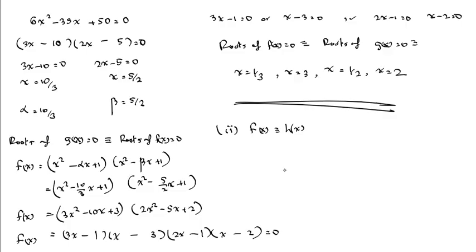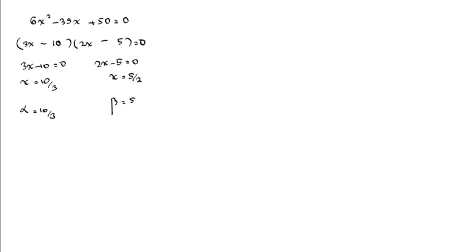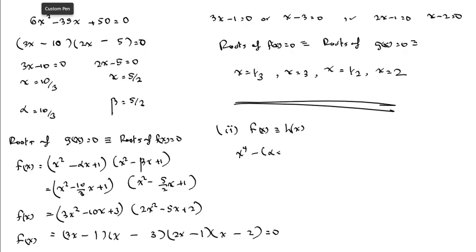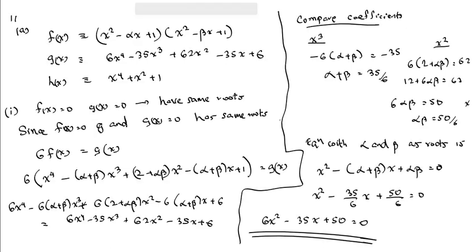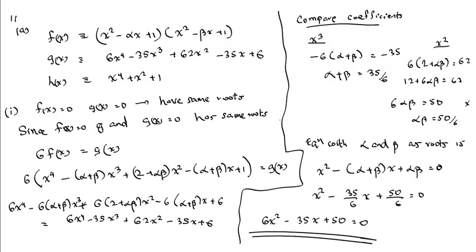They are telling f(x) is equal to h(x). Now the value of f(x) is x to the power 4 minus (alpha plus beta) x to the power 3 plus (2 plus alpha beta) x to the power 2 minus (alpha plus beta) x plus 1.